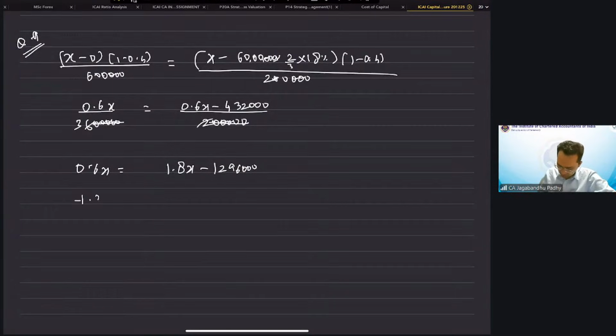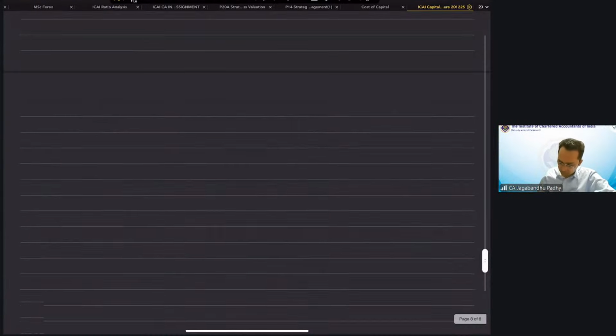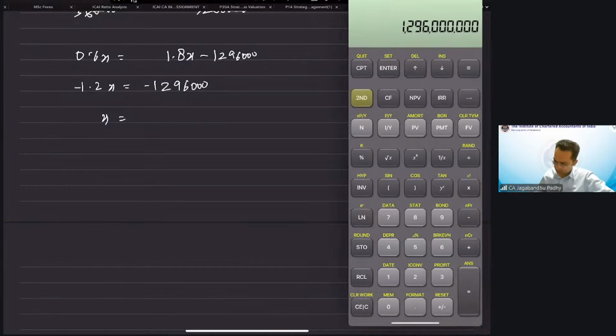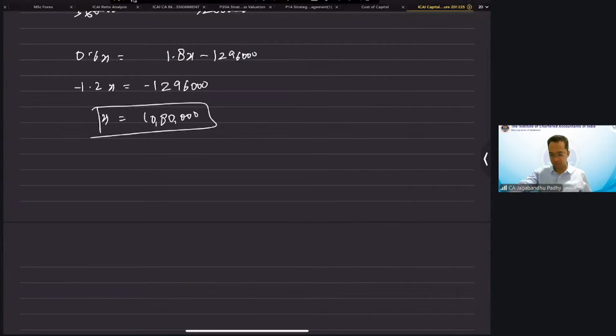So we have 1.2x is equal to 12,96,000. So we have the value of x as 12,96,000 divided by 1.2, which is 10,80,000. This is the indifference point, yes, 10,80,000.